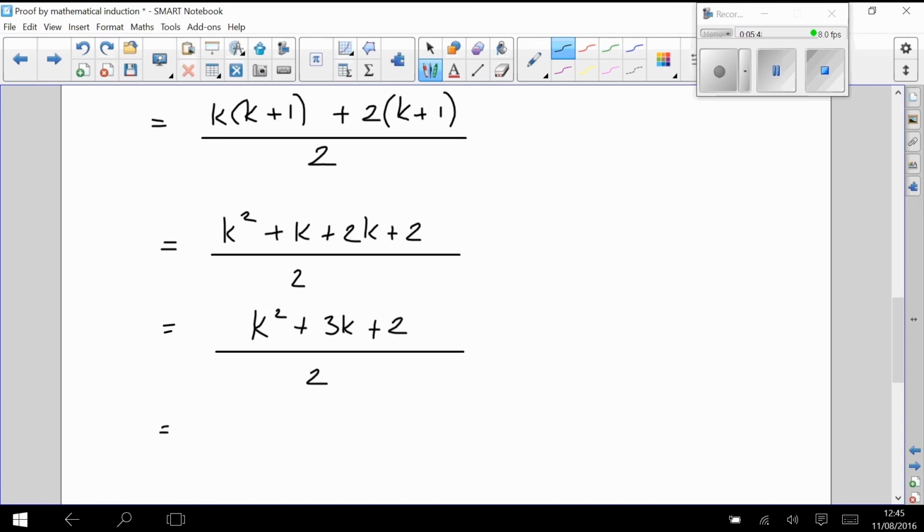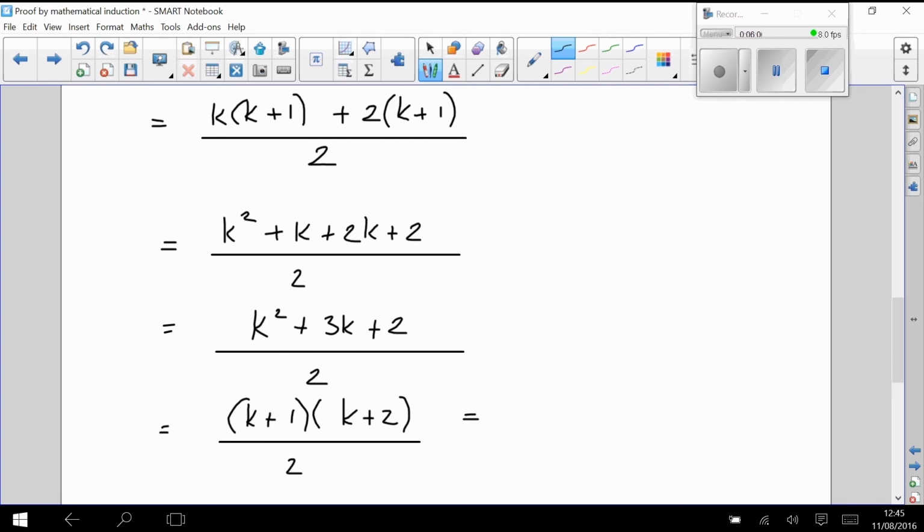Now, can you see that there's a very nice bit of factorizing that you can do in that numerator using your trinomial factorization? If you do that, you're going to get two bracket factors. The first one is going to be k plus 1, and the second one, k plus 2, and that's all over 2.